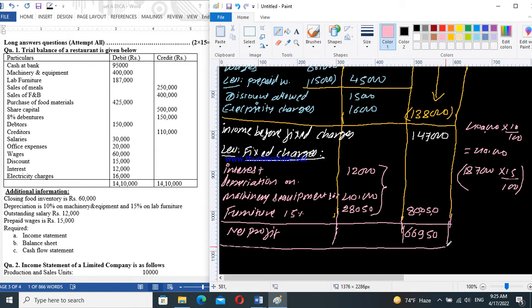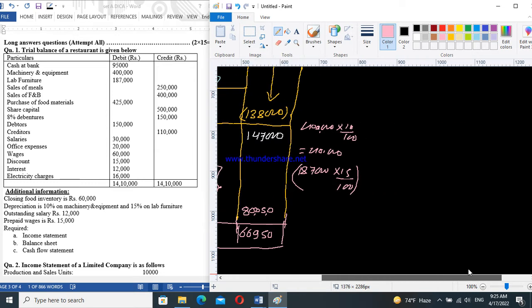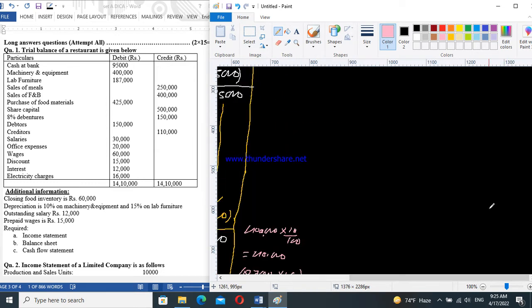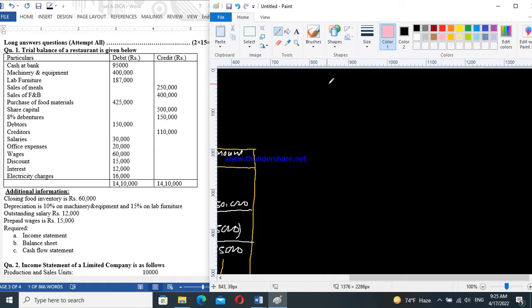Now we are going to calculate the balance sheet. Calculation of balance sheet.